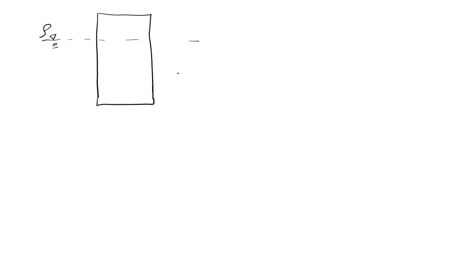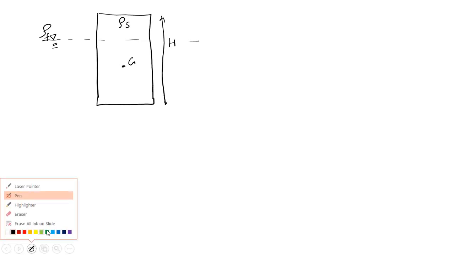Here rho f is the density of the fluid, and rho s is the density of this solid cylinder block. This will be the center of gravity. The height of the cylinder is h. Now I'll draw the FBD, free body diagram.